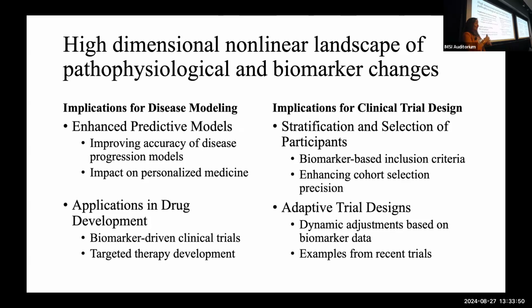It's a longer story, but what I want to show is some evidence that it's a very complicated landscape. It's very nonlinear, and some classical statistical analysis approaches are not capturing that nonlinearity and the dynamic interaction of some of these biomarkers.